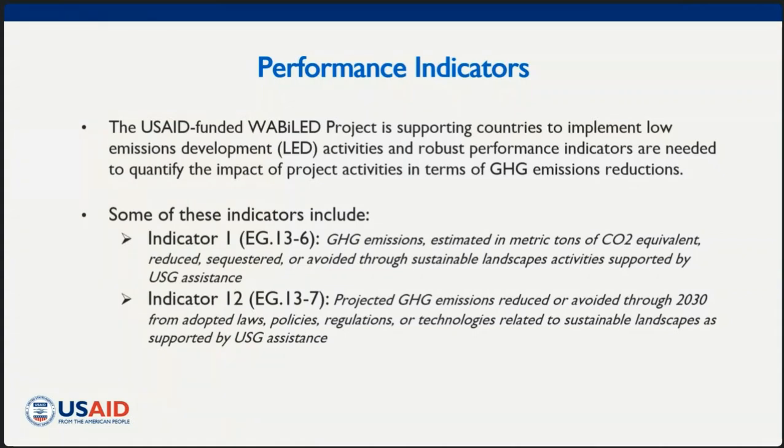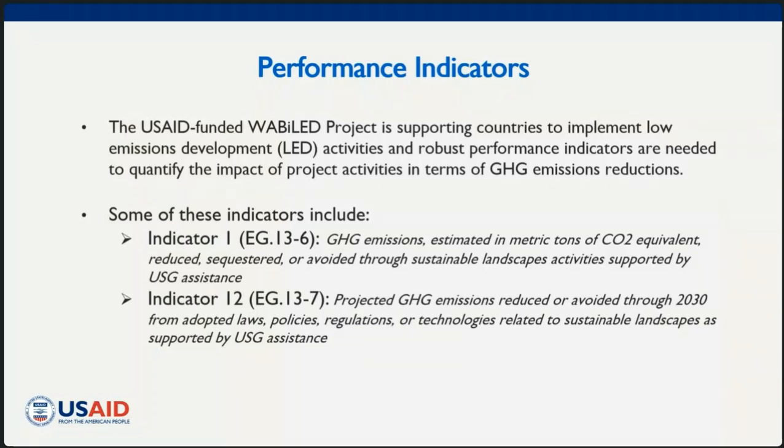So in this case, the reduced, sequestered, or avoided indicates and points to the variety of activities that are implemented by the WABiLED project and by other projects in the region that could have an impact on greenhouse gas emissions reductions. For instance, the planting of a tree or plantations or natural regeneration could sequester existing CO2 within the atmosphere.